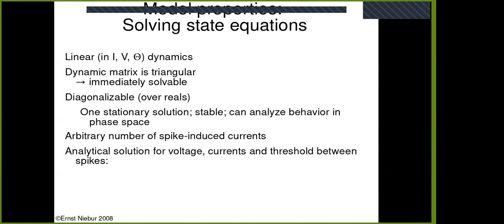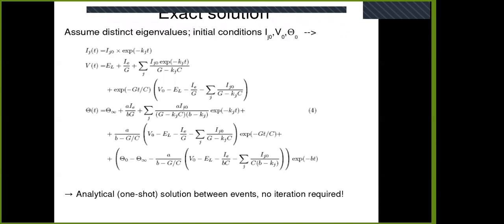You just go through this triangular matrix step by step, and you get for I simply exponential decay, and then for the voltage you get exponential decay too, but you have to take into account the I's, which is why I wrote it this way.